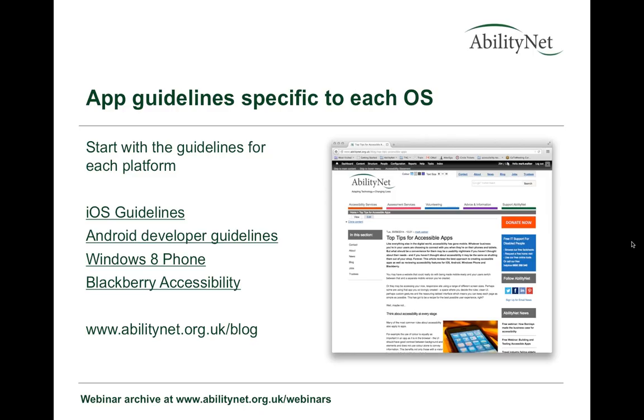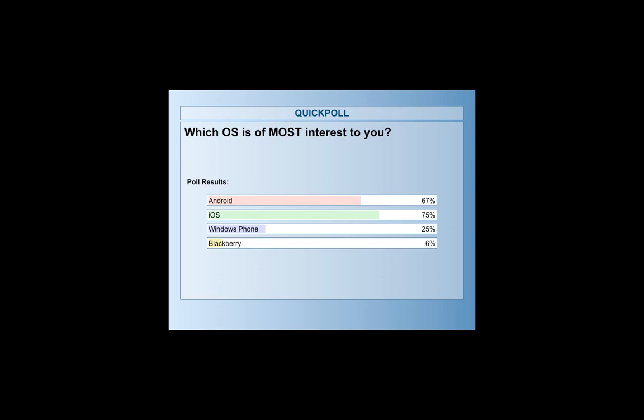But also when it comes to the mobile web guidelines that we saw on the previous slide, it's worth mentioning that in many cases an app is developed in HTML, or it can be, and that can help with some of the work with cross-platform development. So again, it ties in with the poll about which platform you want to develop for.